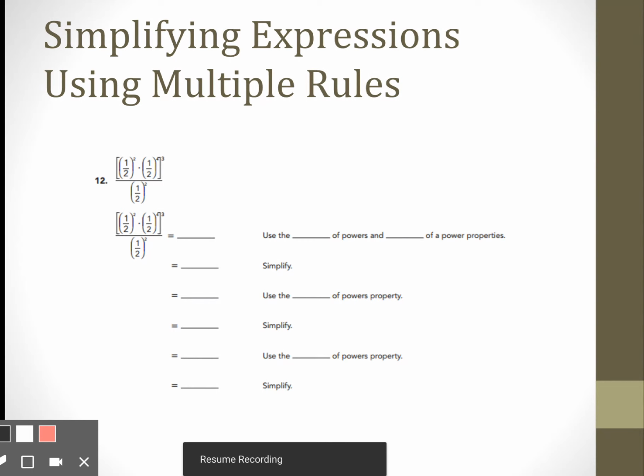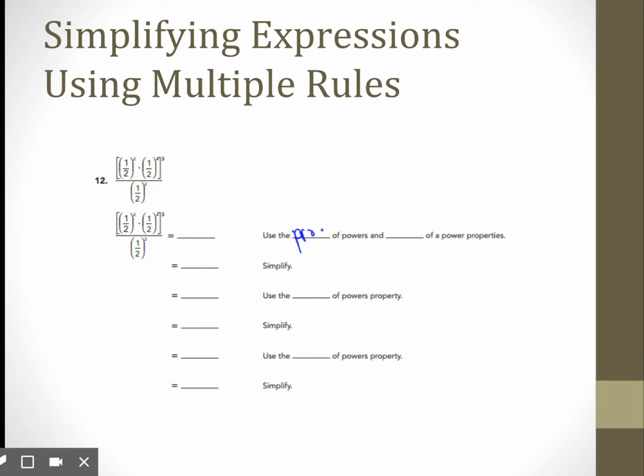And on this last slide with number 12, we have one more example problem, this time involving fractions. We are going to simplify using multiple properties. First, as always, we are going to use the product of powers. I'm going to write it up here where there's a little bit more room.